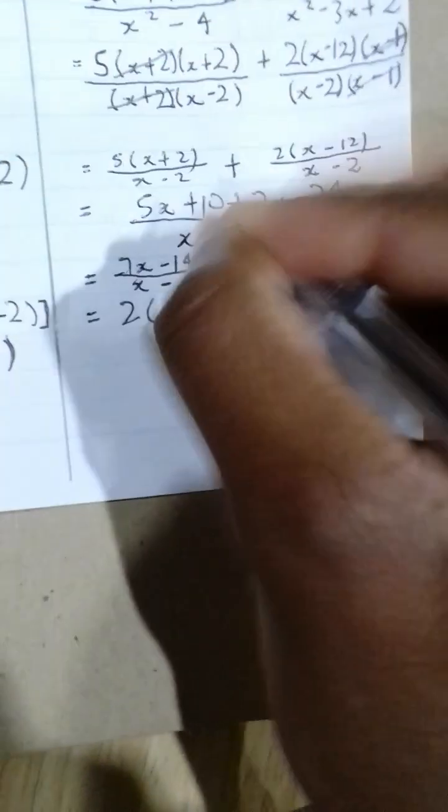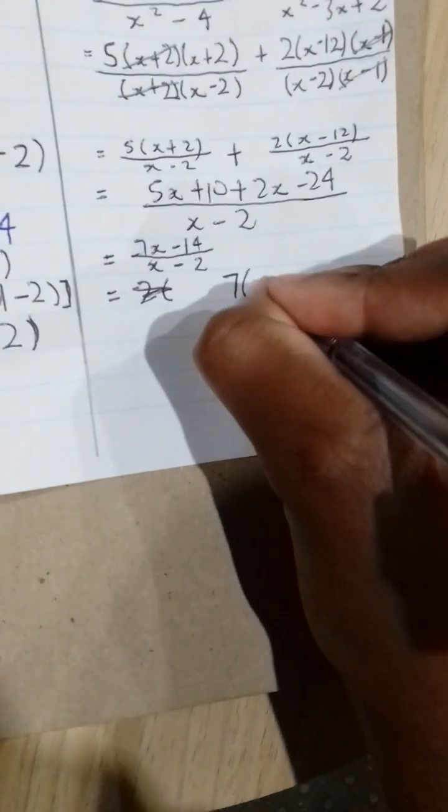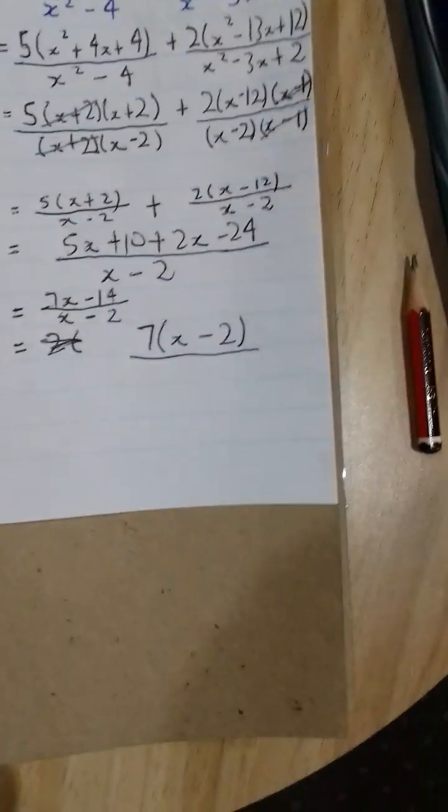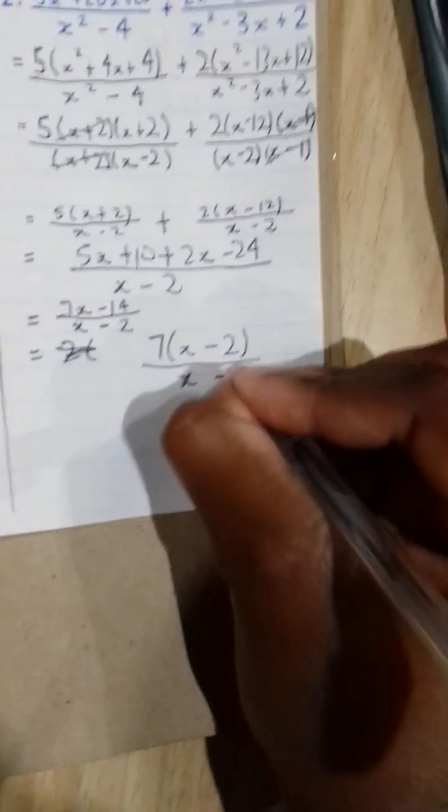7 is a prime number. Factors of 14: 2 and 7. So we can factorize the numerator. Common factor is 2. It's actually 7. 7x divided by 7 is x, minus 14 divided by 7 is 2, over x minus 2.